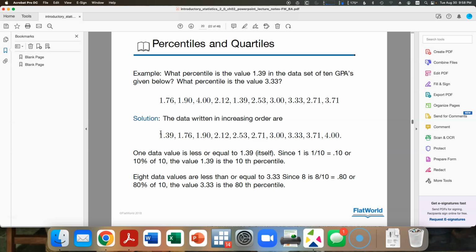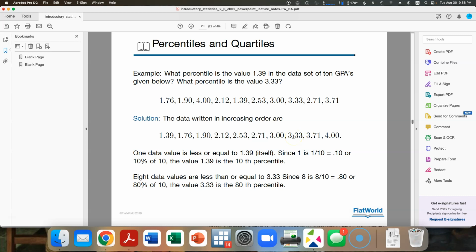In this case, with 10 GPAs, each of these would be in a 10th percentile. And since 1.39 is the very first one, that would then place it at the 10th percentile. For 3.33, it would be 1, 2, 3, 4, 5, 6, 7, 8th.